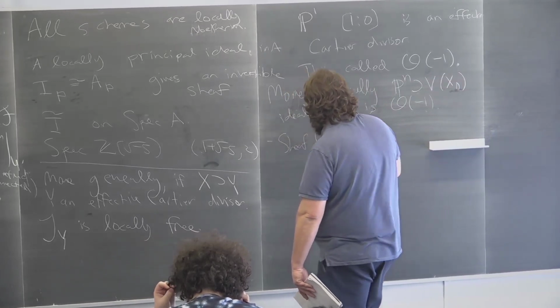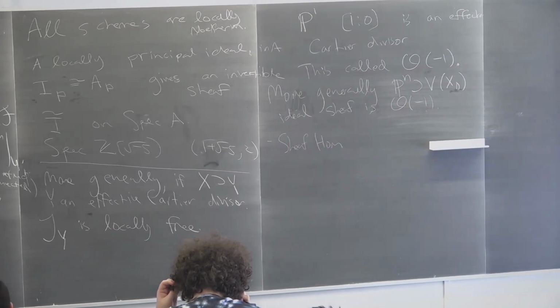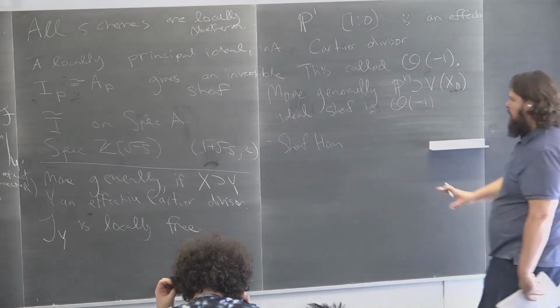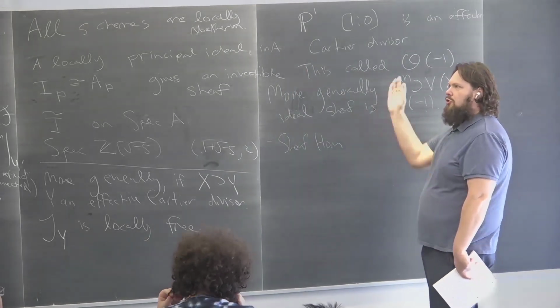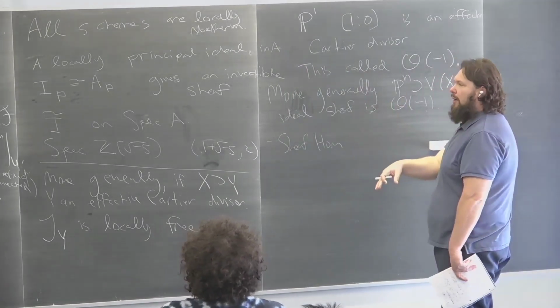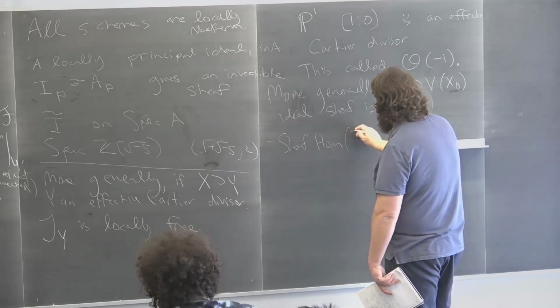This is a little confusing because, of course, coherent sheaves are a category, and I can look at hom between two locally free sheaves in that category. This is instead what's called an internal hom, where I'm taking two objects and getting a new object in the same category, which sort of corresponds to hom between them.